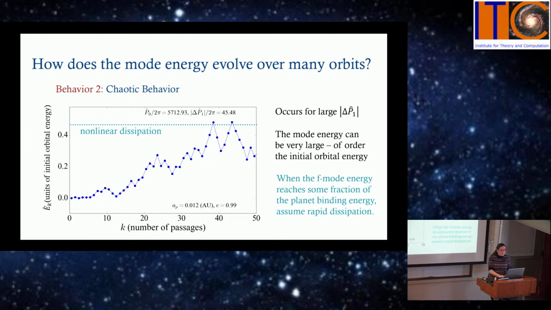So what we do is, when the F-mode energy reaches some fraction of the binding energy, you assume that it's rapidly dissipated through nonlinear effects, through maybe coupling with other modes, or more likely through wave breaking, that kind of thing. At that point, the energy in the oscillation in the planet is very rapidly dissipated within an orbit.